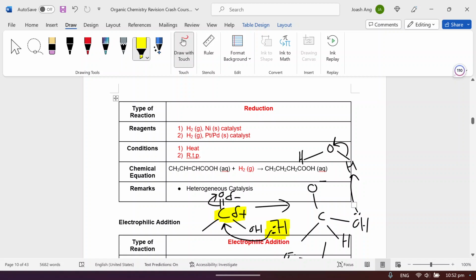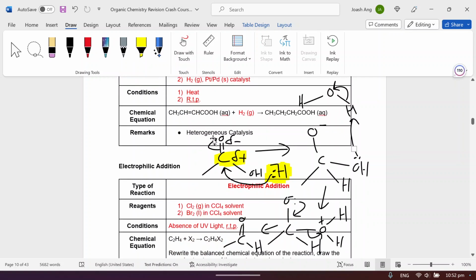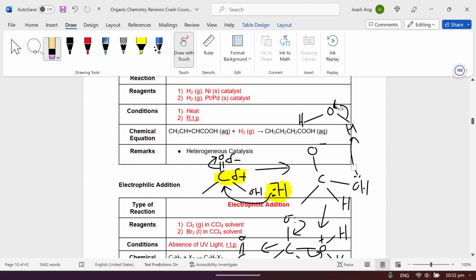Whereas the C=C double bond is non-polar, because both of the atoms are of similar electronegativity, and thus they don't have any electrophilic sites that the negatively charged hydride ion can attack. So that is why you can't use the hydride ion to attack the carbon of alkenes. Okay, let's move on. I'll erase all this.